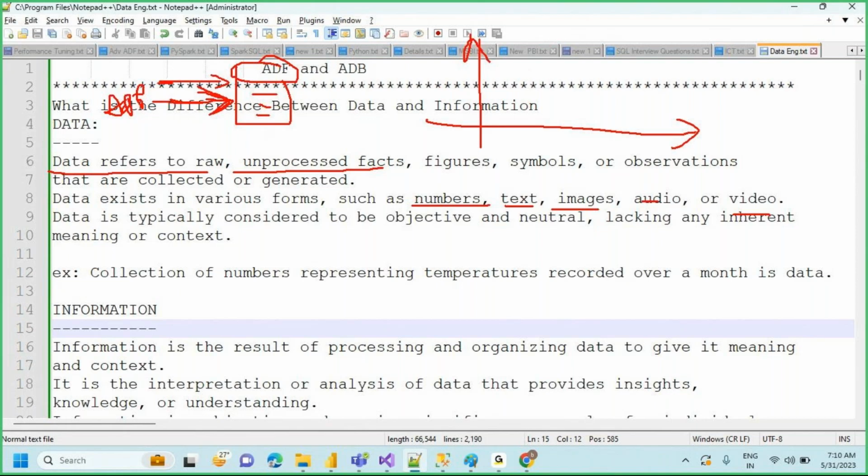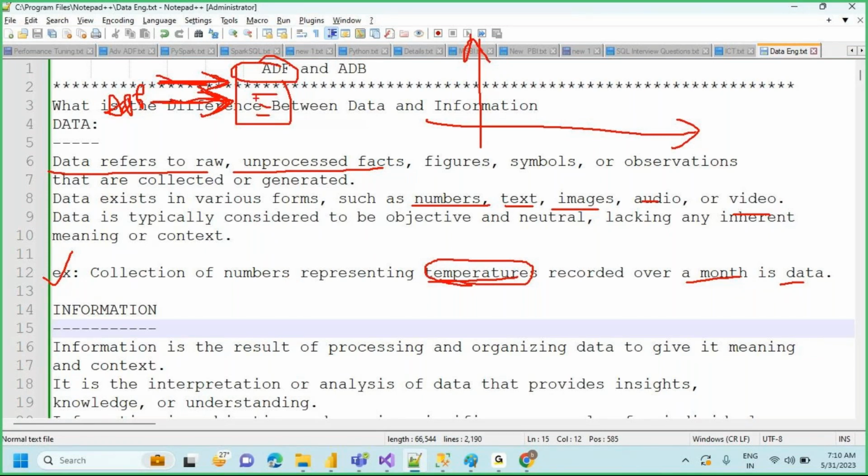But whatever you collect on a daily basis comes under data. One more example: a collection of numbers representing temperatures. If you are collecting temperatures on a daily basis over a month, that is data. Whatever you collect every day comes under data, and it does not have any meaning by itself.